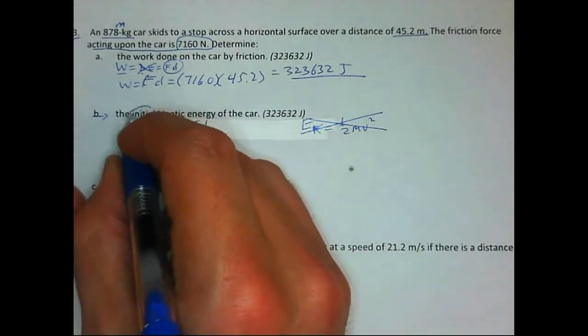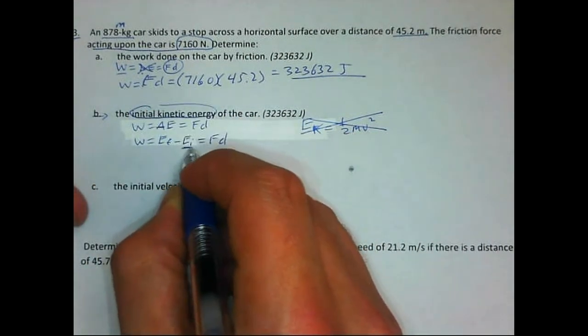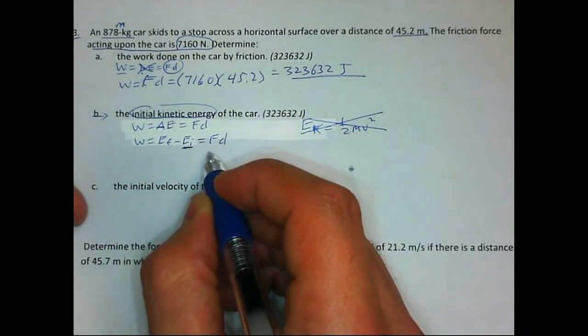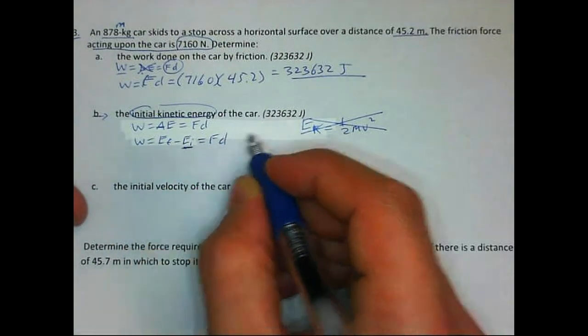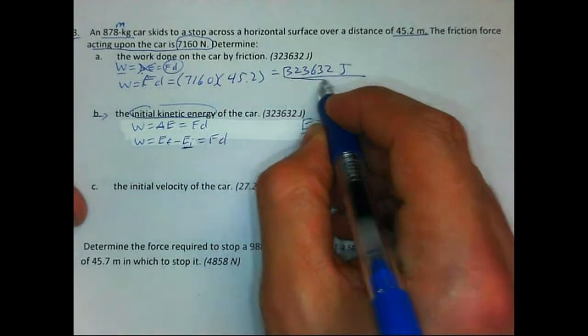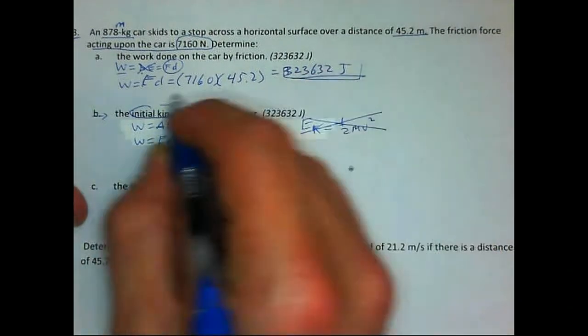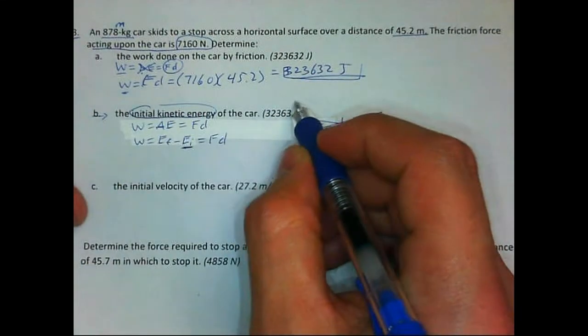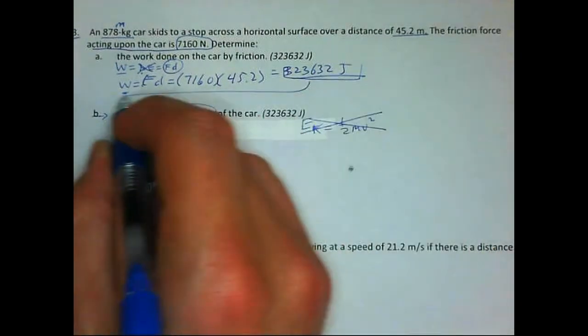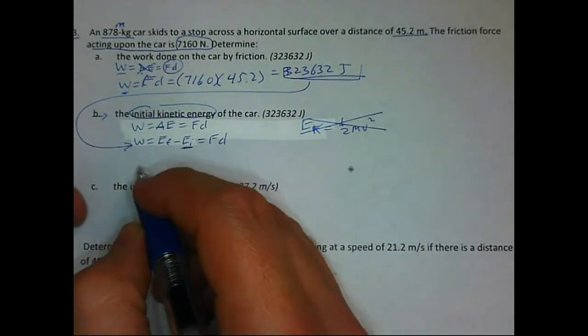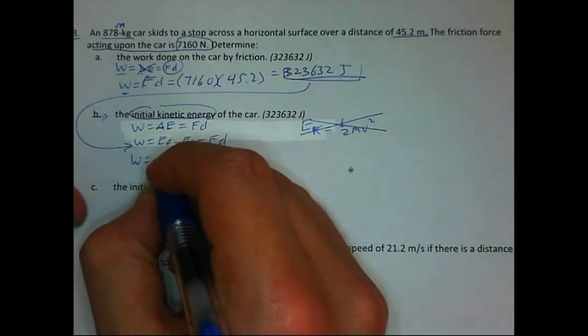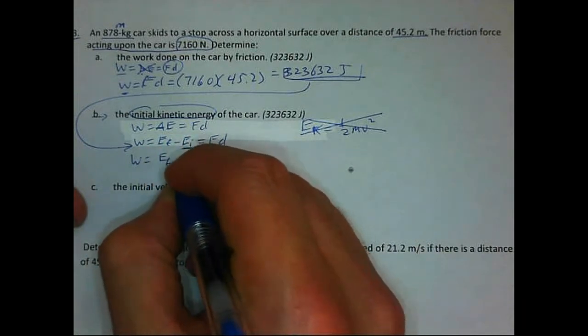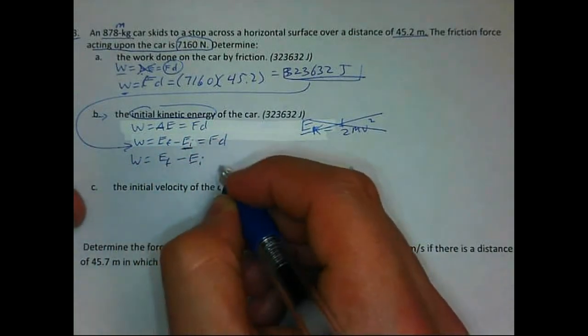And I want to know initial kinetic energy. So guess what? That's what I'm looking for right there. And guess what I just found right up here? I found the work. So we can take this work and plug it in right here, and work equals final energy minus initial energy.